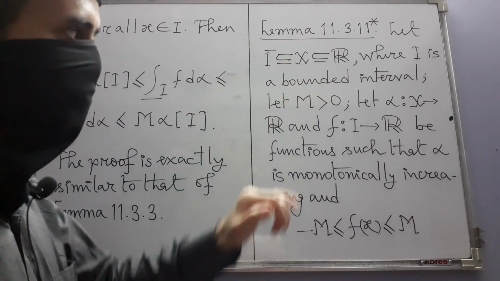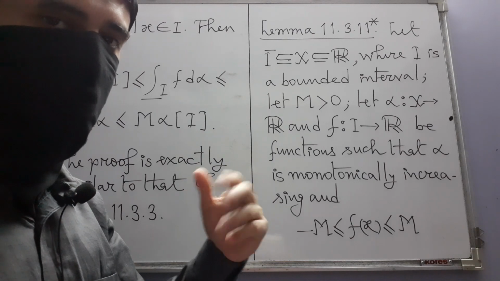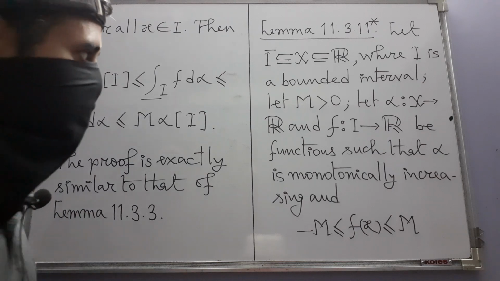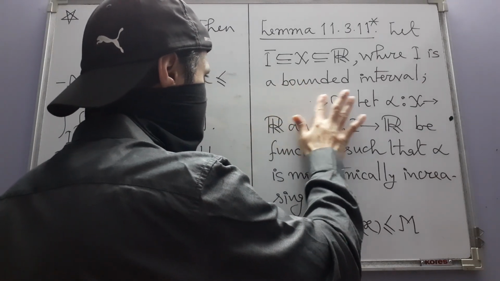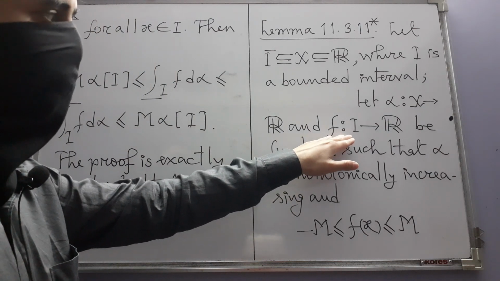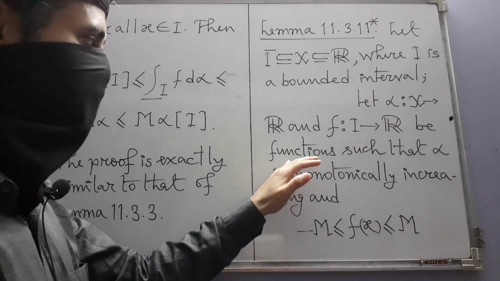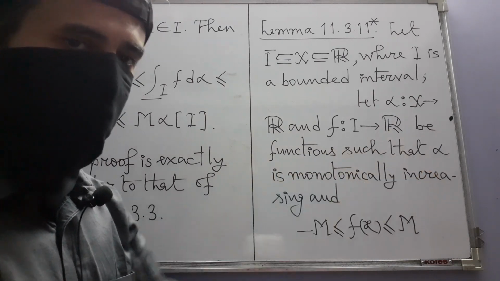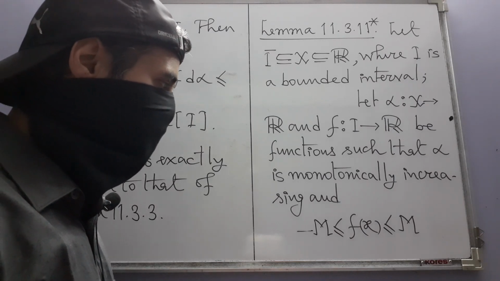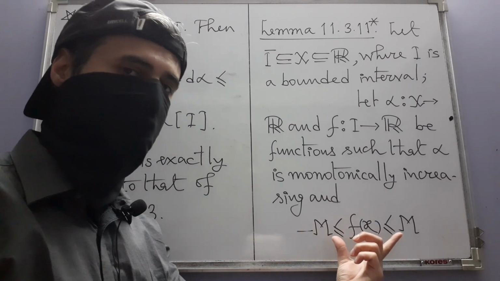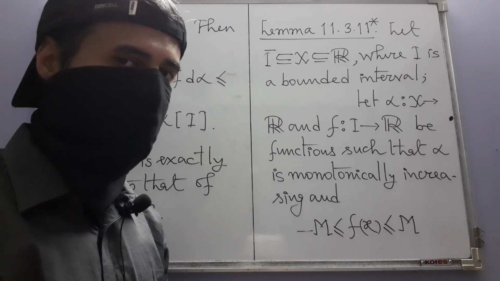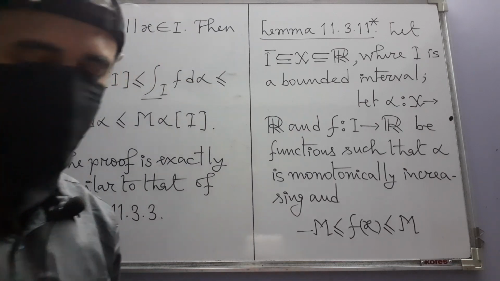I is a bounded interval whose closure is contained in X and X is some subset of R. We do not, however, have this. This is not needed any longer. We still have, of course, our function f and alpha, where alpha is monotonically increasing and f is bounded. Here boundedness of f comes from this statement itself, but now we do not have M, we are not saying what bound we are considering for the f values, but f is bounded.